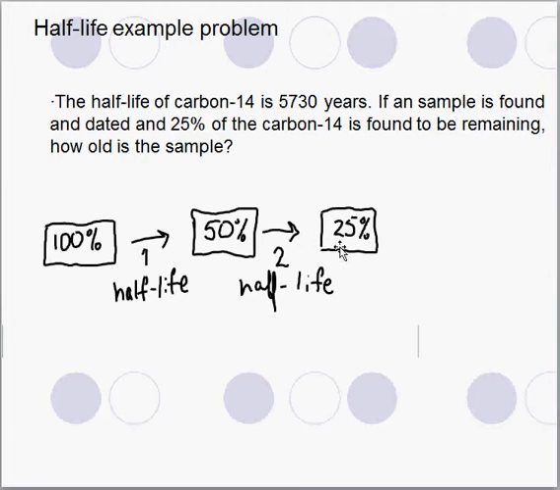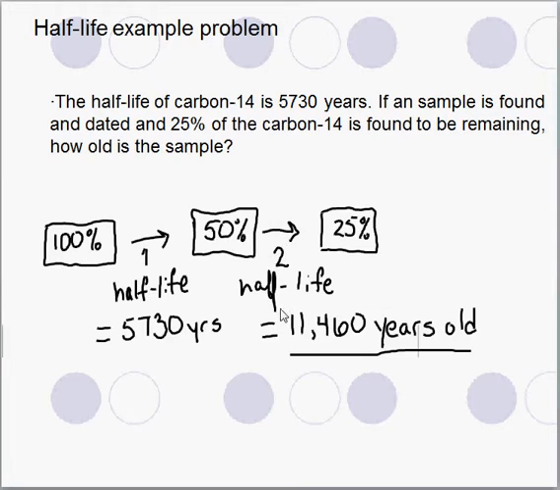And now I have 25% of my sample remaining, which is what I want to get to. And then I can say, okay, one half-life is 5,730 years. So how long has it been after two half-lives? So how old is the sample? So take 5,730 times 2, you get 11,460 years old.